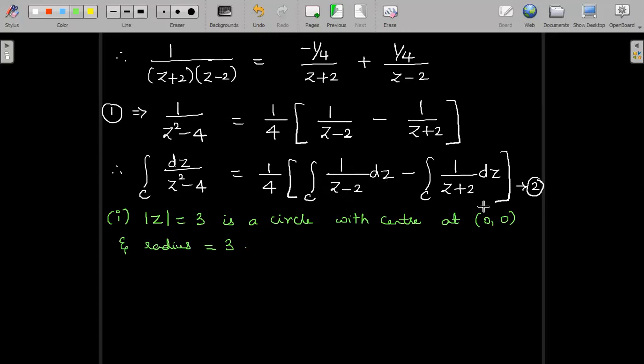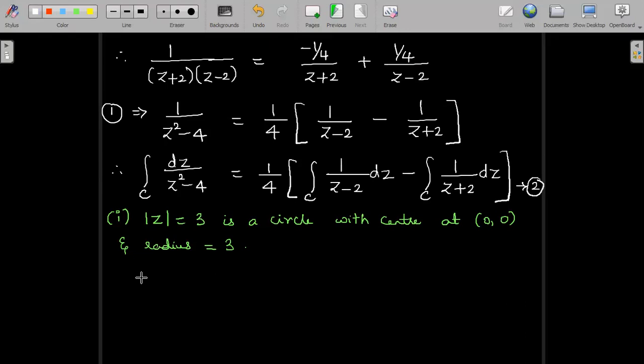So we have to recognize the 2 points: z equal to a equal to 2 from the first integral and z equal to a equal to minus 2 from the second integral. Those 2 points we have to check whether they lie inside the circle or outside the given circle. Given circle is mod z is equal to 3. So we need to check whether the 2 points 2, 0 and minus 2, 0 lie inside or outside the given circle.